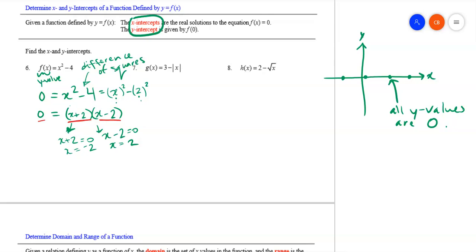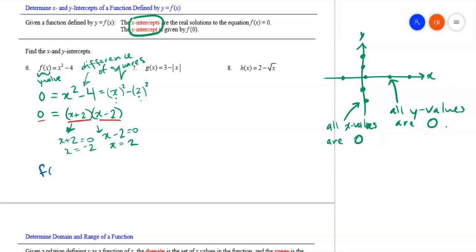Now we need to find the y-intercept using kind of the same idea, which is that all along the y-axis, for all of these points that are on the y-axis, all of the x values are 0. And so what we would do for ours is we just need to plug in 0 this time.